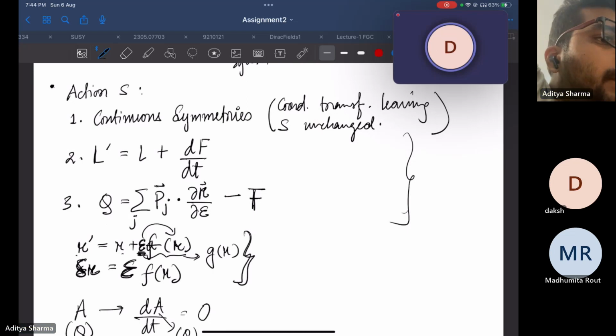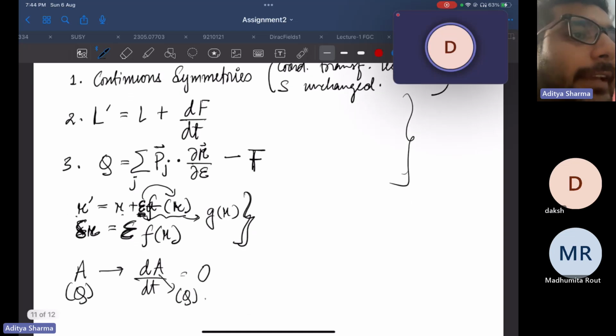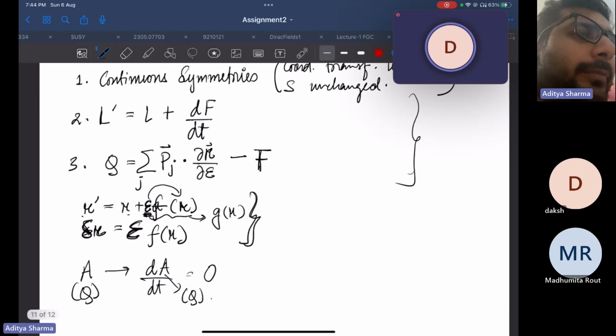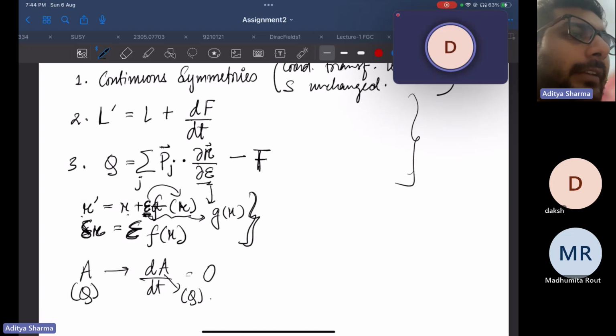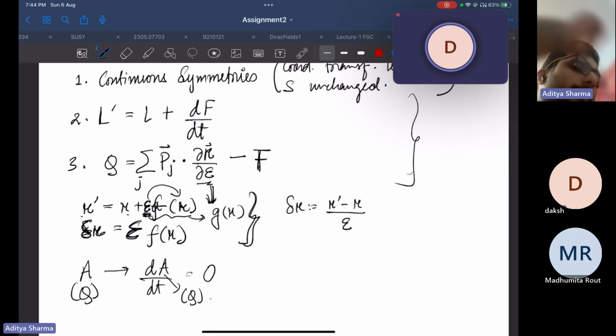That is correct. Actually, in books, it is r prime minus r. I want to make the notation consistent. I will define delta r as like this, with epsilon. This is the definition.